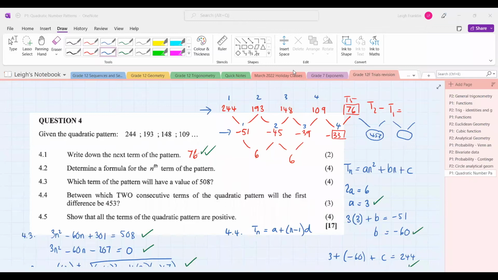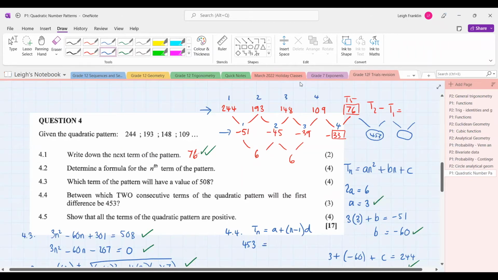All right, so that means that we need to know what a is and we need to know what d is. So we've got 453, which is our Tn. How do we know what a is? What's a equal to in this case? a is equal to negative 51, quite right, Nick, because that is the first term of our linear pattern, plus (n minus 1).